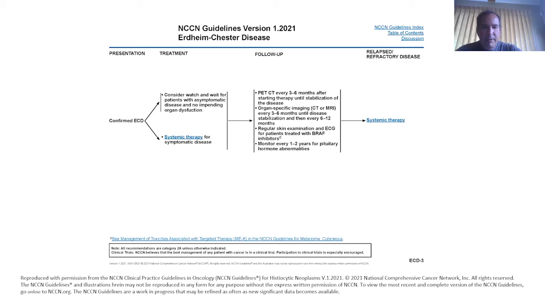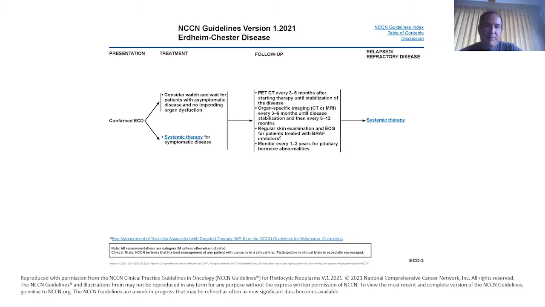We'll talk about therapy in a little bit, but in terms of how we monitor these patients, both in a watchful waiting setting without treatment or when they're on treatment, there really have not been studies to define the optimal interval between scans. This is true, to be honest, in much more common diseases such as lymphoma, where there's controversy as to the utility of routine imaging and how frequently that imaging should be performed.